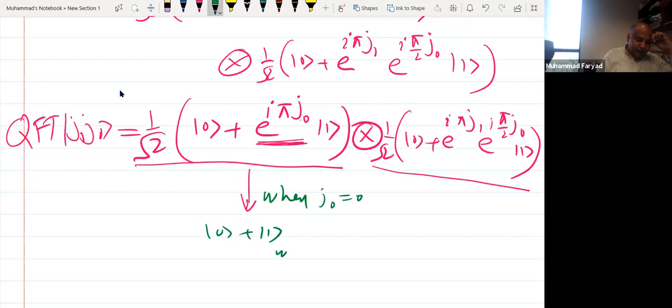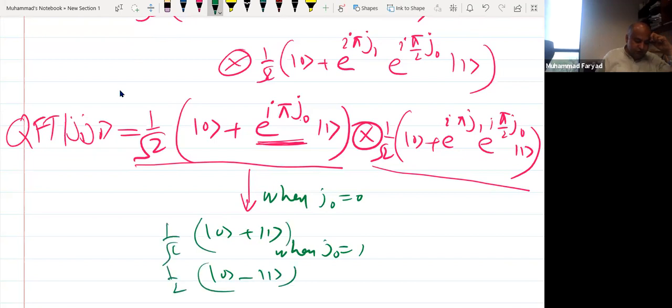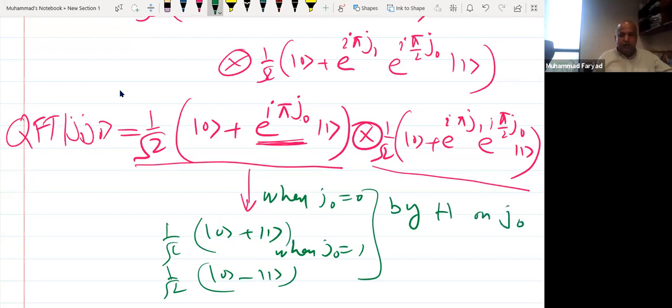And when j naught is 1, you should get |0> minus |1>, because when this is 1, exponential iota pi is minus 1. So there's a factor 1 over square root 2. And what gate can do this? This can be done by a Hadamard on j naught, right?